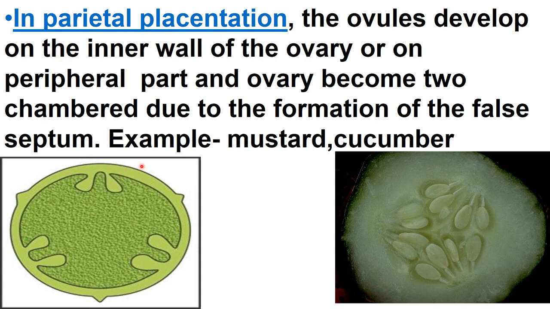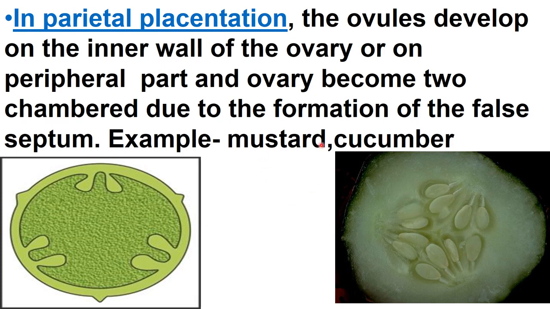One more thing: sometimes the ovary becomes two-chambered due to the formation of a false septum. It means the ovary is not truly divided into two chambers like it was multilocular in the last case. It is not like that, but a false septum-like structure is formed and divides the ovary into two parts.